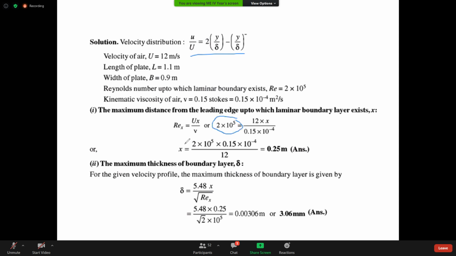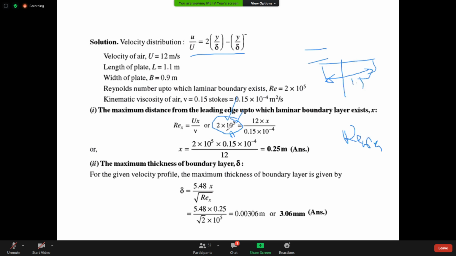For example, this is the L, the length of the plate over which the fluid is flowing, a total of 1.1. And he has given a critical Reynolds number of 2 into 10 to the power of 5. Where this 2 into 10 to the power of 5 exists, that is R critical x.